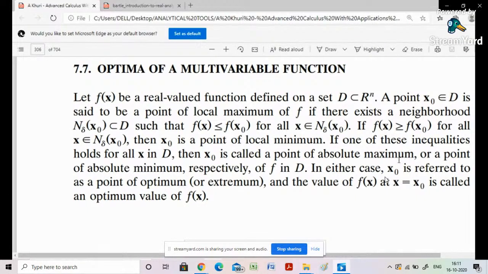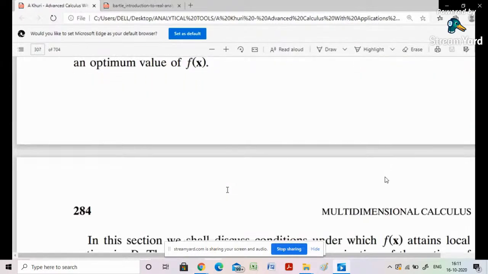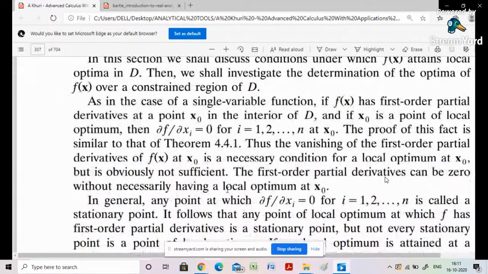Not local, it is absolute maximum, or a point of absolute minimum. If it is less than or equal to, that is absolute maximum. If it is greater than or equal to, then it is absolute minimum. Commonly, it is known as optimum or extremum.